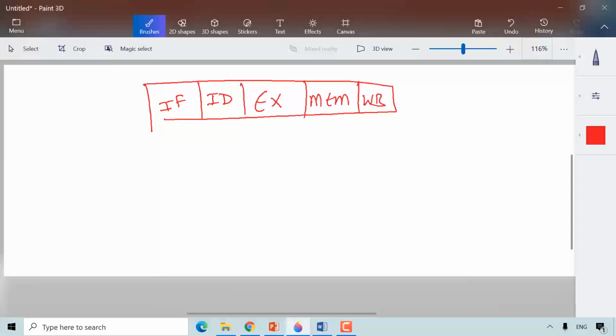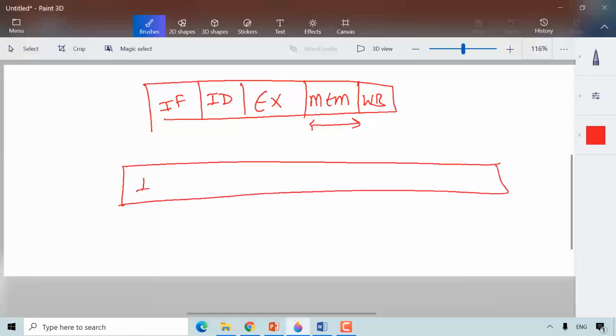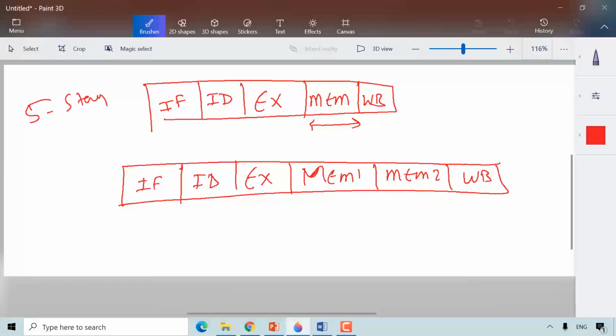In modern processors, memory sometimes is very slow. So what they do, they divide it into multiple stages. So you will see something like instruction fetch, instruction decode, execute, and then you have mem stage 1, and mem stage 2, and then write back. So this is a 5 stage processor, and here you have a 6 stage processor.